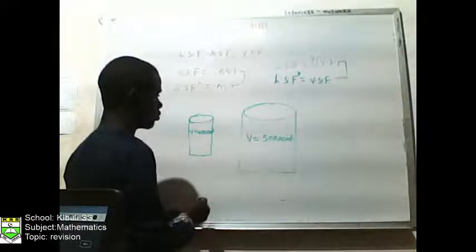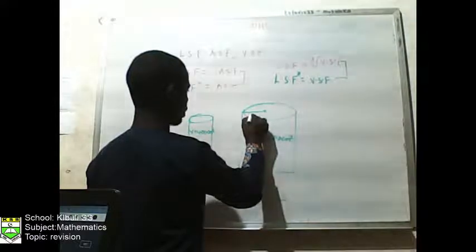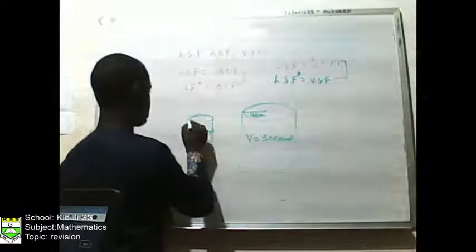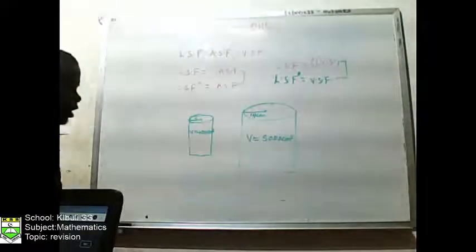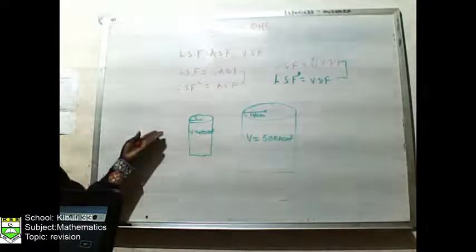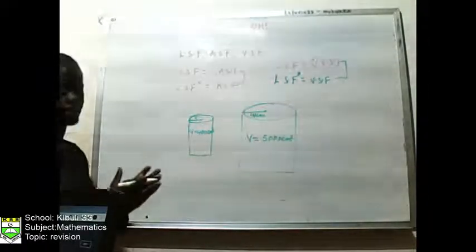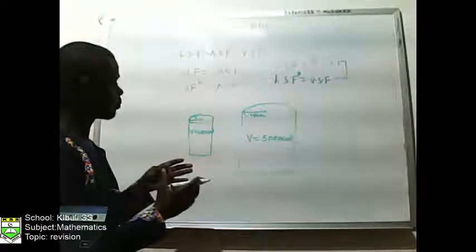Then they give you, let's say, the radius of this team is 14 centimeters, and they tell you that this radius is x. They ask for x. How do you get the value of x? You remember the teams are of the same shape but of different sizes.